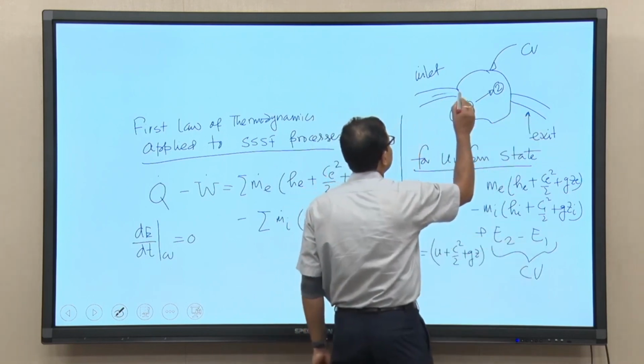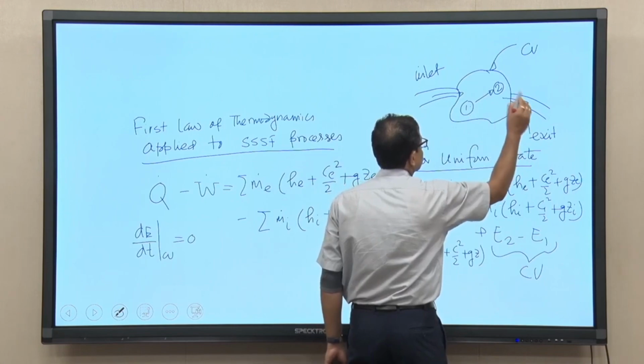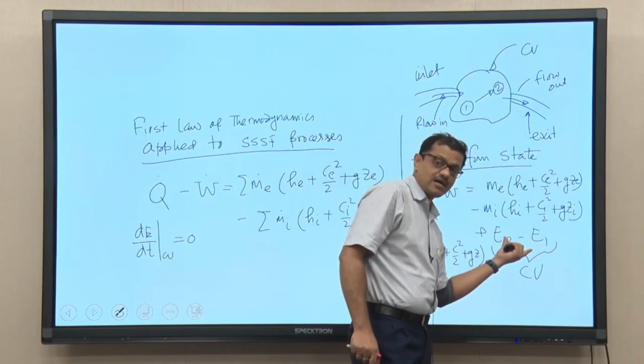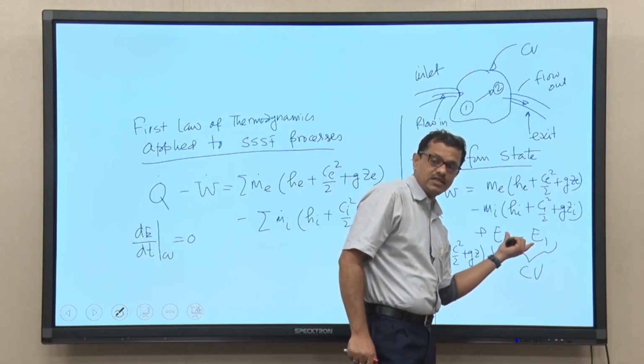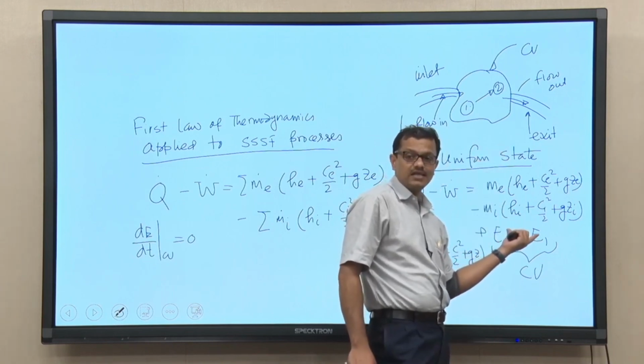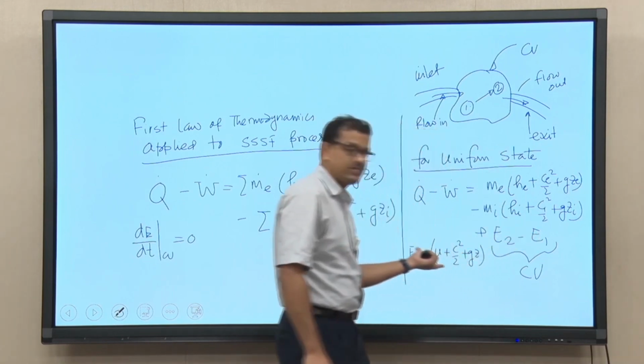So, this is flow out and this is flow in, and so this is the flow energy. So, energy out from the control volume due to flow, and this is energy into the control volume due to flow. This term will be there if the process is occurring following uniform state. So, that means this is the change in energy within the control volume, and that quantity we have written.